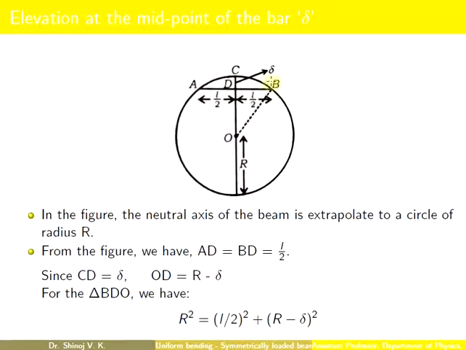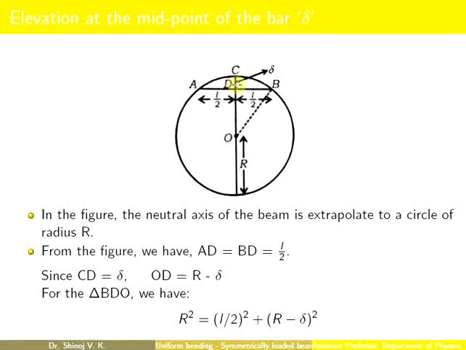So this AB is the beam, and the neutral axis is extrapolated into a circle of radius R, and from this figure this distance AD will be L by 2. So this is just half of the beam, and this BD is also approximately equal to L by 2. And this CD, which is the elevation at the midpoint, is delta. So we are considering a delta value which is much smaller than the length of the beam. That's why we approximated this as L by 2, and this is also L by 2.